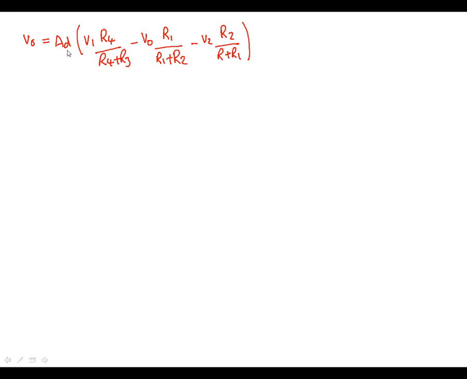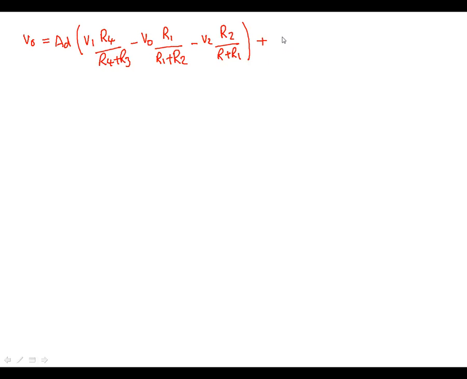So now I've got differential gain times input voltage 1 minus the output voltage, minus the second voltage. We've got that there because we've got that feedback resistor, as we noted before with the way that R2 and R1 interact.